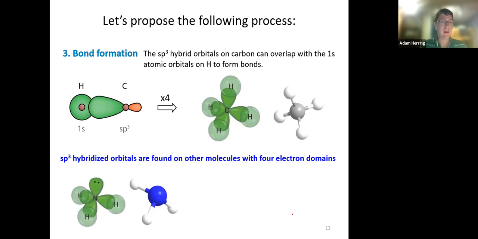Because it has 4 domains, it needs 4 hybrid orbitals. Water also has 4 electron domains, 2 of them are bonding, 2 of them are non-bonding. In order to have 4 domains, which are each approximately 109.5 degrees from each other, we need to make 4 identical hybrid orbitals.